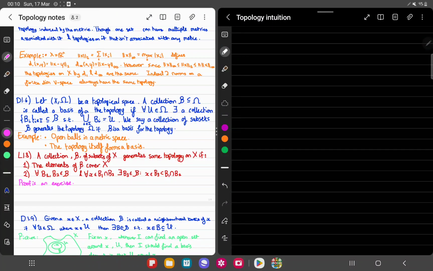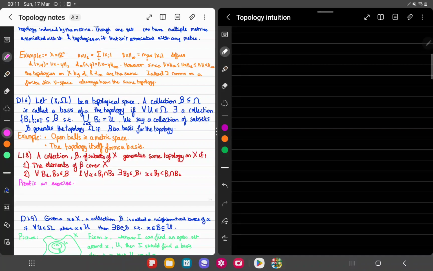So let X be a topological space. A collection B of Omega is a basis of the topology if for all U there exists a collection of B sub I, indexed by some capital I, that lie inside of that collection B, such that the union of those sets B_i actually gives you any of those open sets that we mentioned earlier.